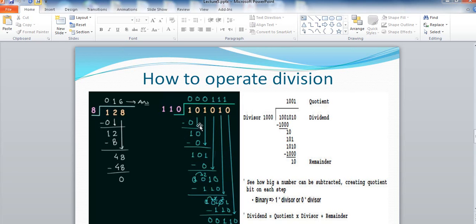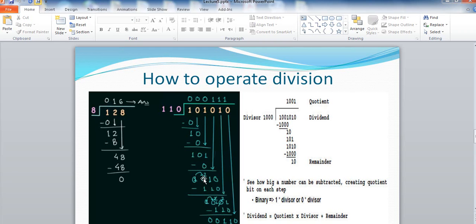If you put 1 in the quotient and put 110 on the remainder side, we do subtraction. 0 minus 0 is 0, and 1 minus 1 is also 0. Then 0 minus 1 cannot be, so we borrow 1 from here.